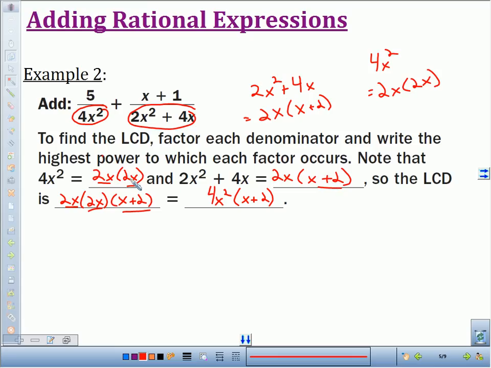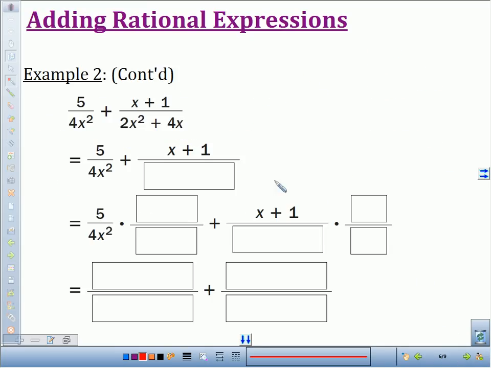Since I had two 2x's, I put two 2x's in my least common denominator. Since I had an x plus 2 here, I put an x plus 2 in there. Notice that this x plus 2 doesn't make a third one in my least common denominator. I only look for the highest amount. Now we know our lowest common denominator is 4x squared times x plus 2.